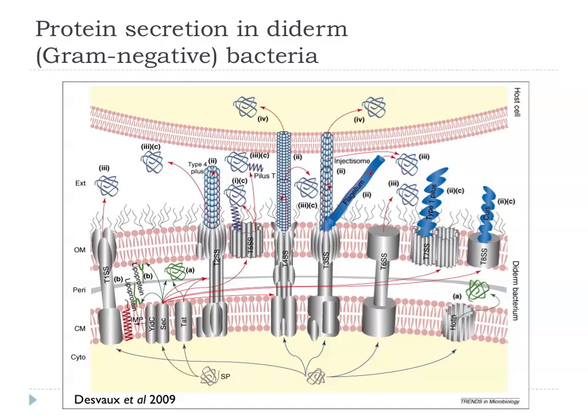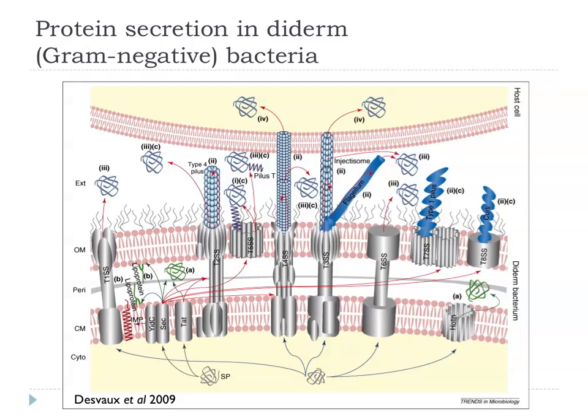Just to return to this rather busy image from Michael Desvaux's review, when we look at gram-negative protein secretion, there is a division into those secretion systems with 2 steps, one crossing the inner membrane into the periplasm and then going out through the outer membrane, and those with a single step in which the secretion system spans the entire cell envelope in one go.